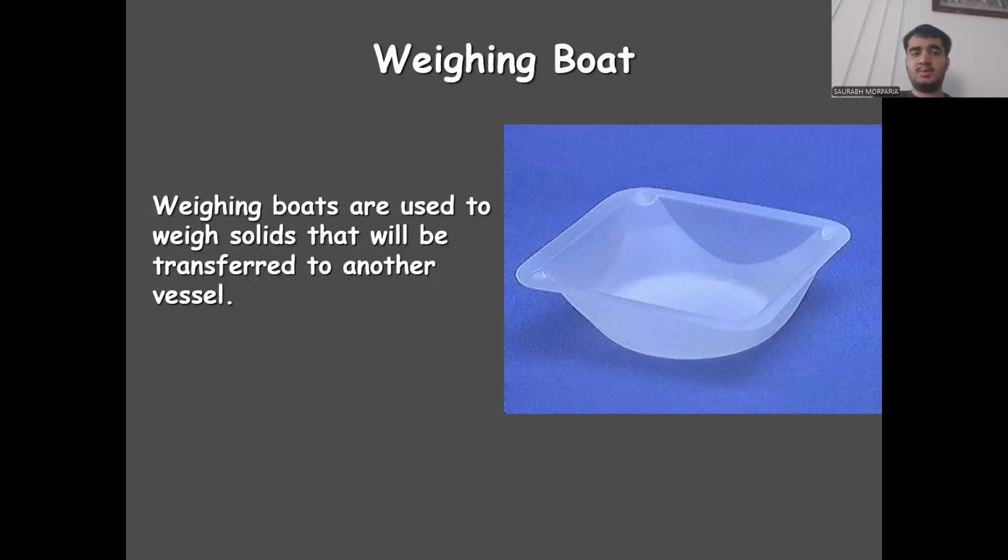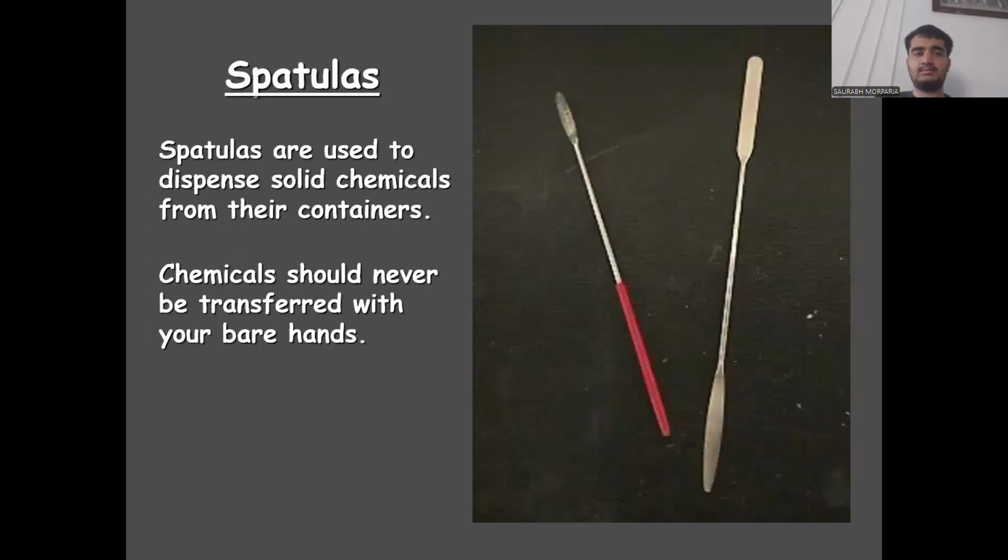Weighing boats are used to weigh solids that can be transferred to another vessel. Spatulas are used to dispense solid chemicals from their container. Chemicals should never be transferred with bare hands.